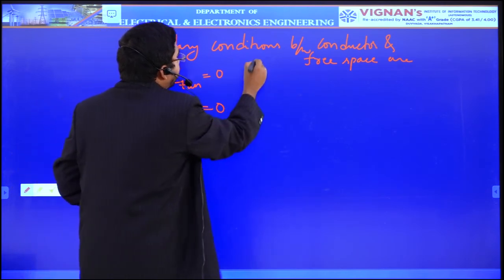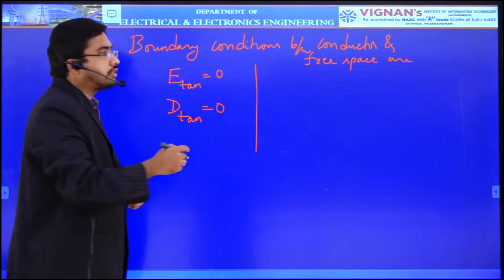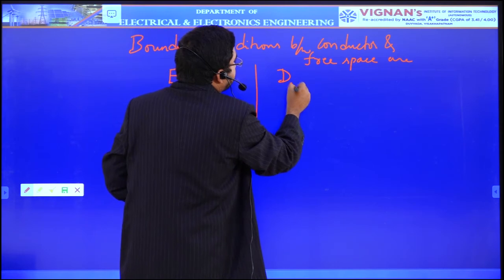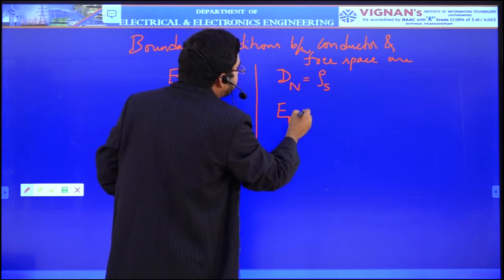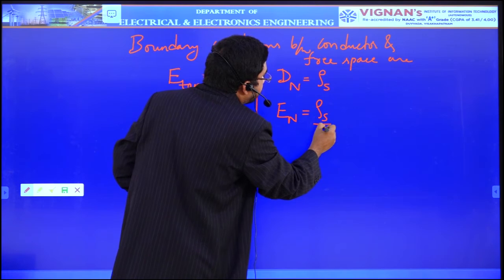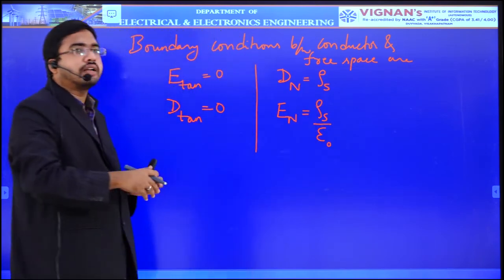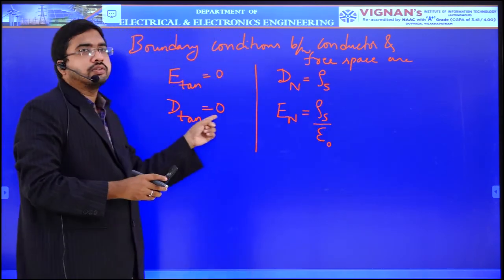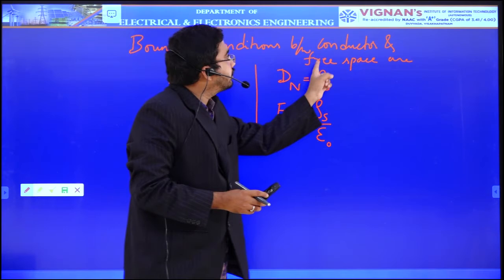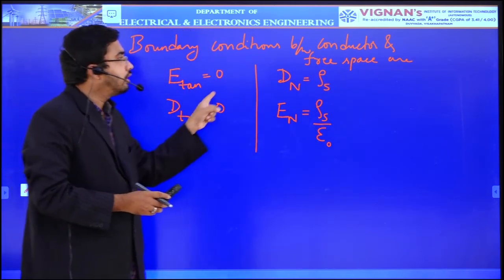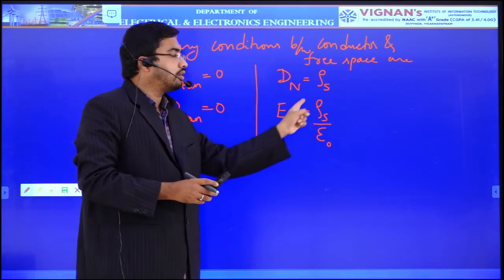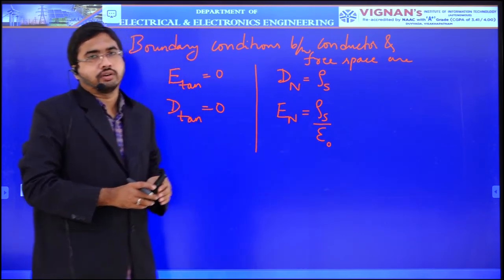And if you are looking from the normal component side, Dn equal to rho s and En equal to rho s by epsilon naught. So these are the boundary conditions between a conductor and free space: E tan equal to 0, D tan equal to 0, Dn equal to rho s and En equal to rho s by epsilon naught.